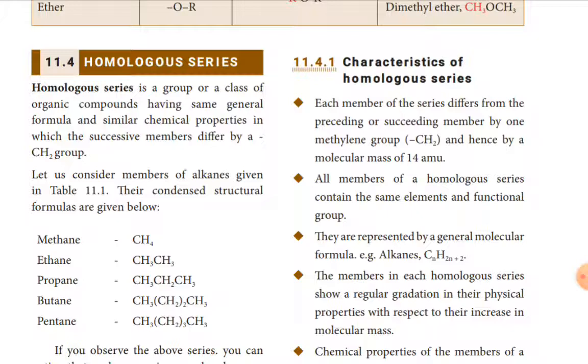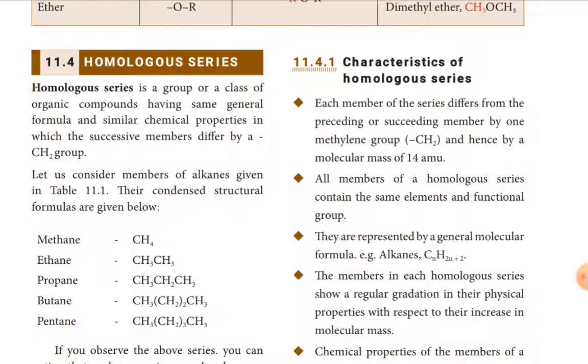in the homologous series. For example, on the left hand side, methane CH4, next compound ethane. Methane has only one carbon, ethane has two carbons, so one carbon is the difference. And methane has 4 hydrogens, but ethane has 6 hydrogens. What is the difference between 4 and 6? 2. So one carbon is in excess and two hydrogens are in excess, so the CH2 group is the difference.